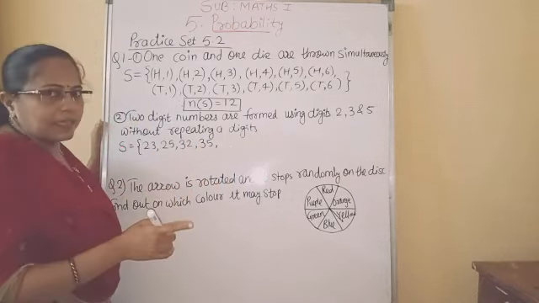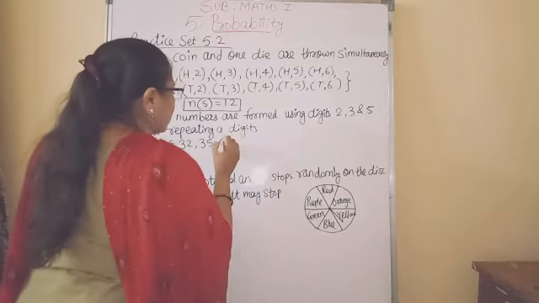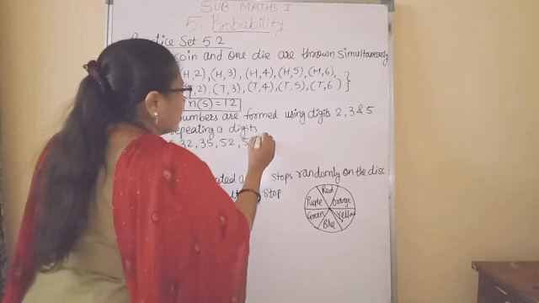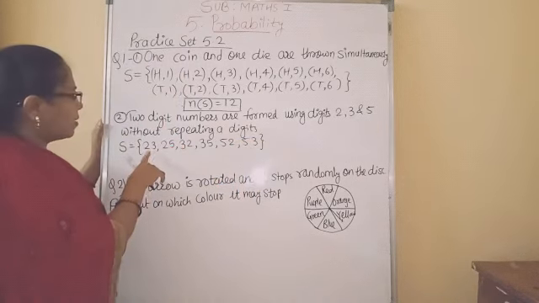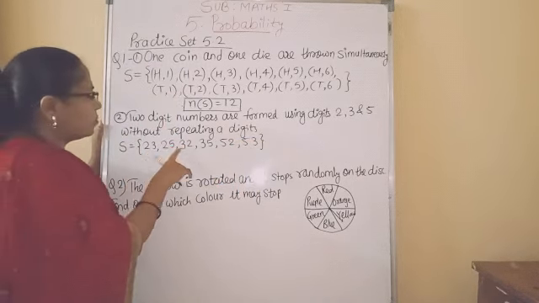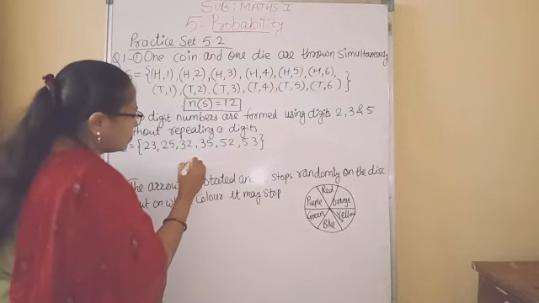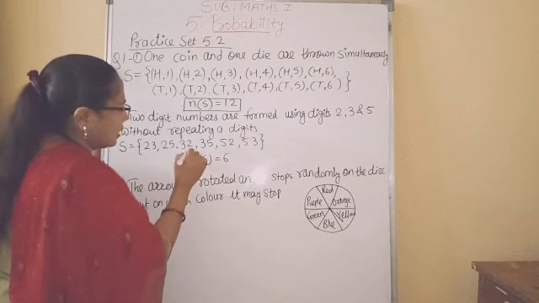Now don't write 33. Next number is 52, and next number is 53. Close the bracket. So how many numbers did we form? 1, 2, 3, 4, 5, 6. Therefore, n(S) is equal to 6.